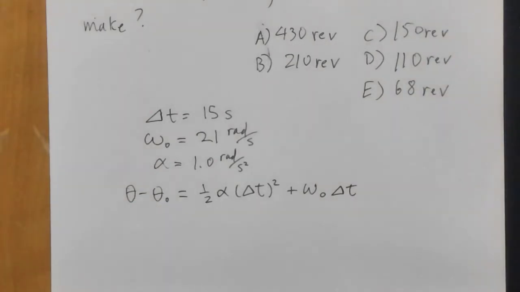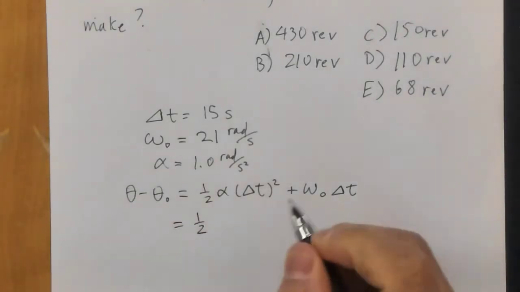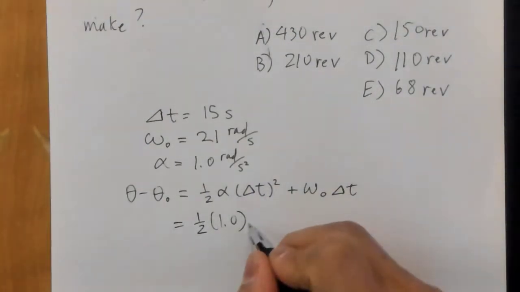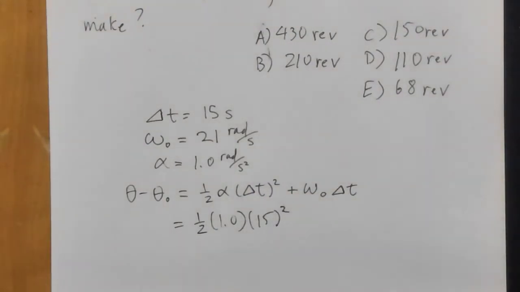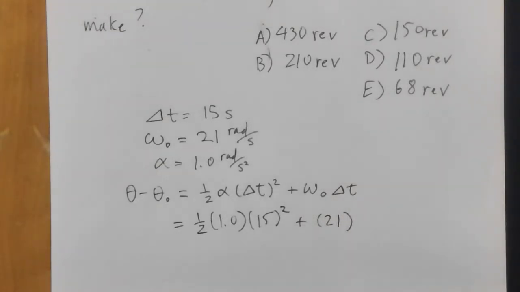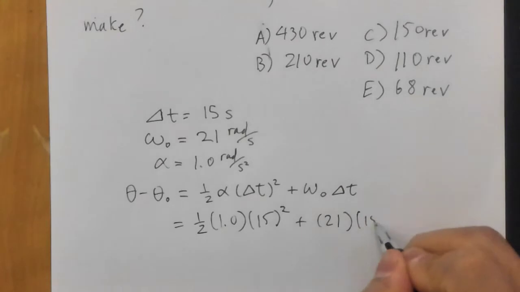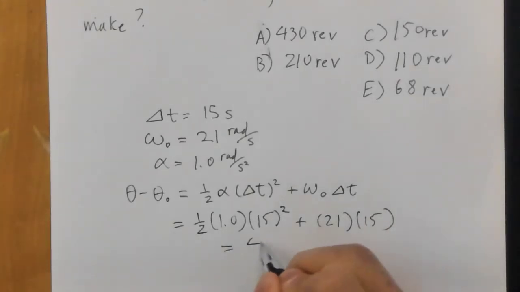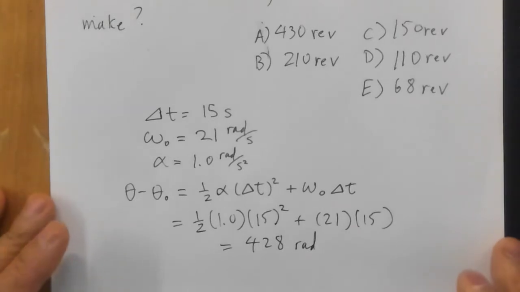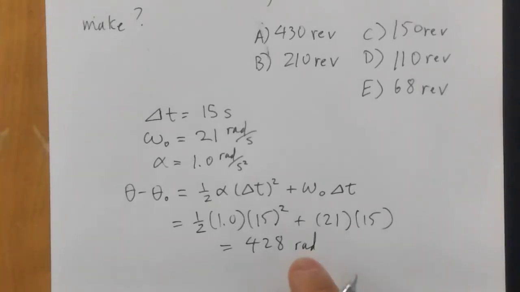We put in 1/2 times alpha, which is 1.0 radians per second squared, delta t is 15, square that, plus the initial angular velocity, which is 21, times 15, and that comes out to 428 radians.